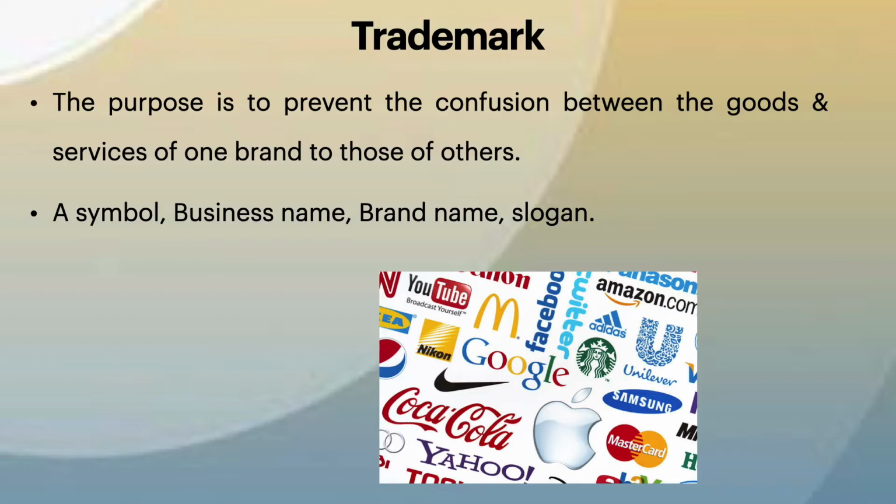From ages together, from when they were established, this has been their identity. So a trademark in simple terms gives a company or a corporation an easy identity. What does a trademark do for the customer? It helps the customer to differentiate or identify easily. Is that clear? For a company, it gives an identity. For a customer, it enables you to differentiate the goods and services provided. So that's about trademark.